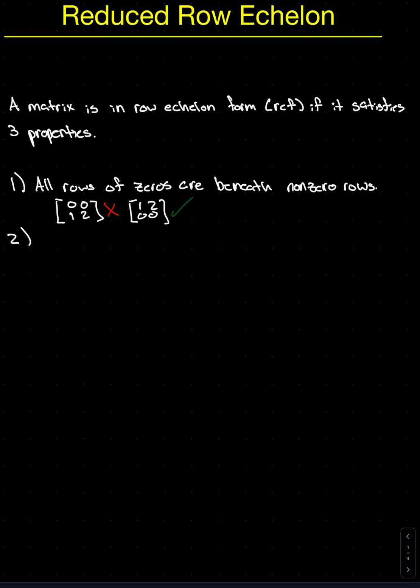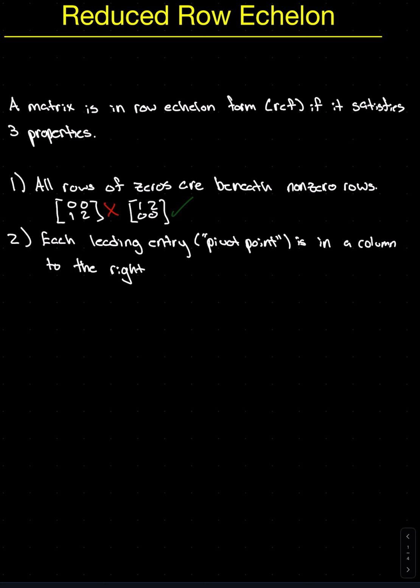Alrighty, so the second property is that each leading entry, sometimes people call these pivot points, is in a column to the right of the leading entry of the row above it.